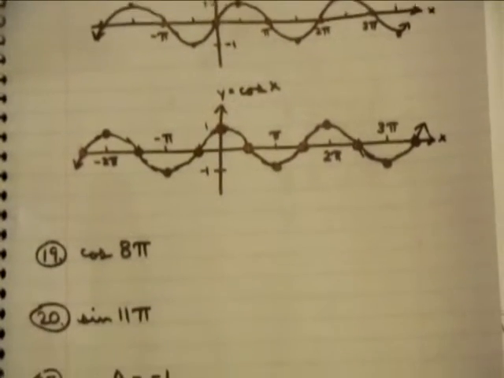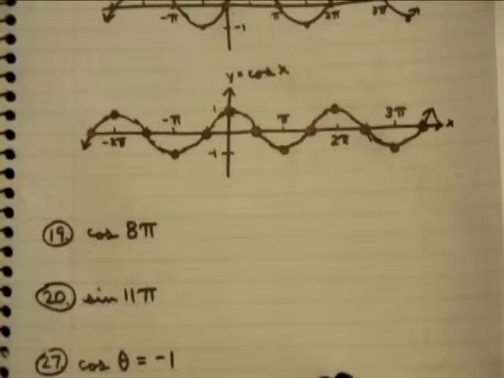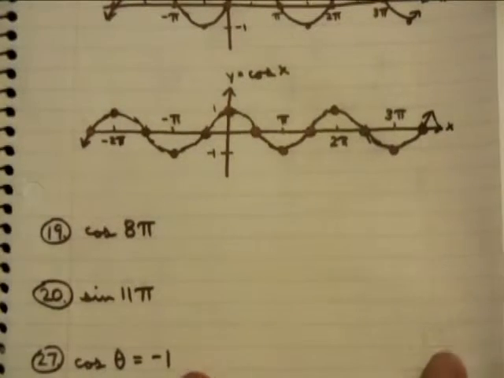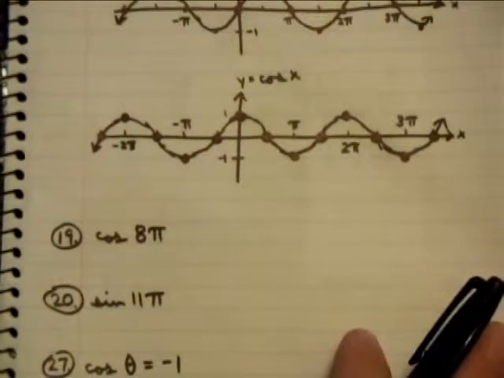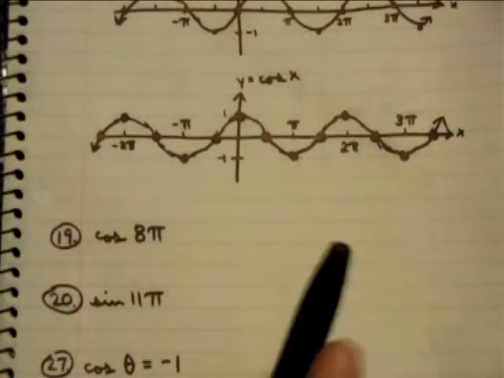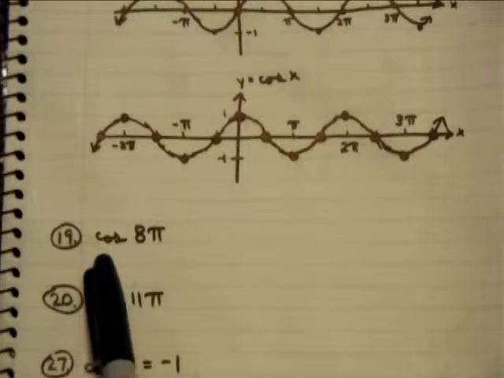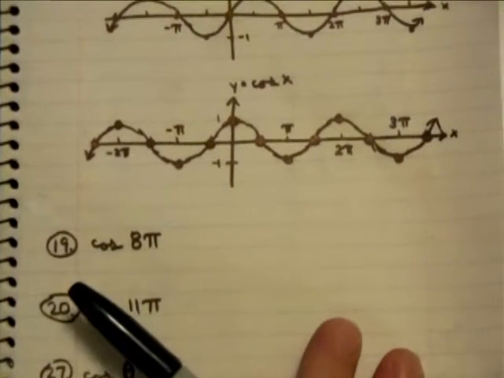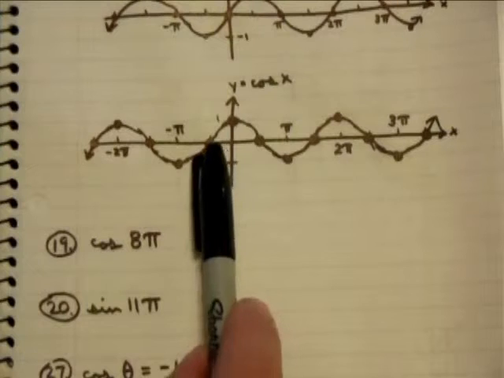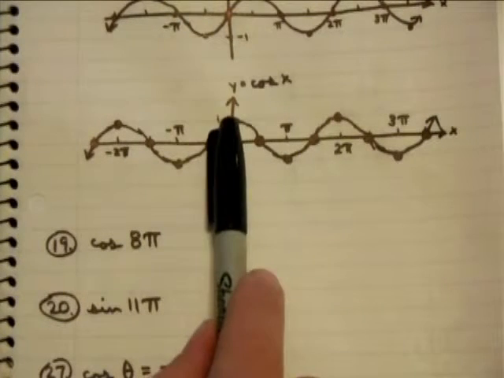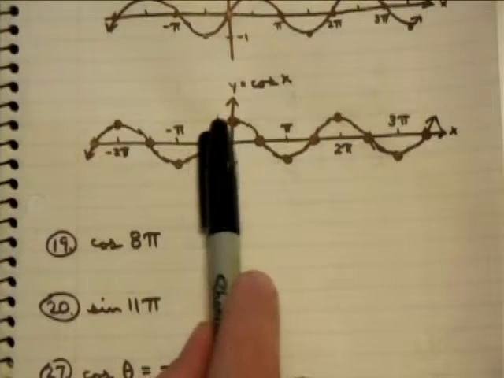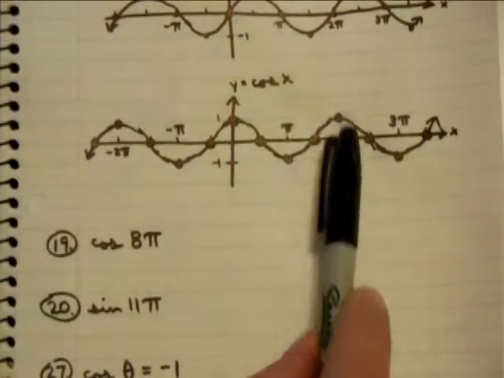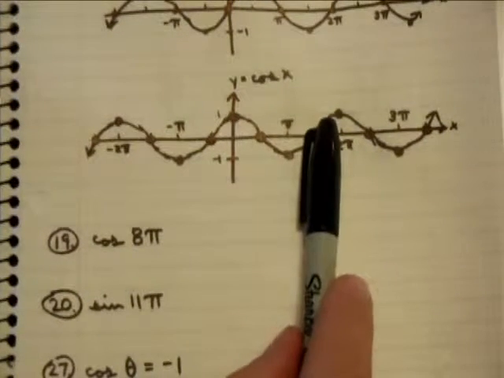Okay, in this section, problem 19 asks you to use the graph of sine or cosine in order to evaluate this function value. So they're asking you to figure out what is the value of cosine of 8 pi. Well, if we look at this graph of cosine, we see that at 0 it is equal to 1, and then at 2 pi it is equal to 1 again.